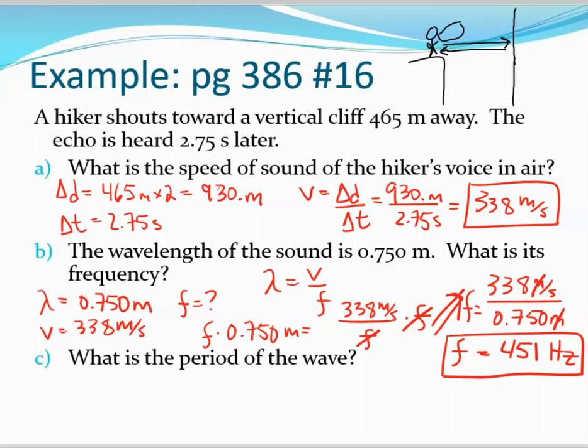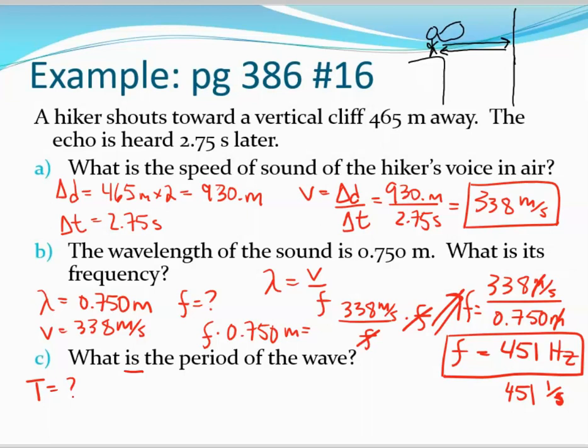But it's also okay to write this as 451 waves per second, or 1 over seconds. That's supposed to be an S, not a 5. Okay. And then the period of the wave, we know that is capital T, right?